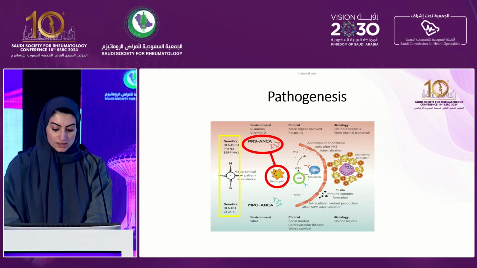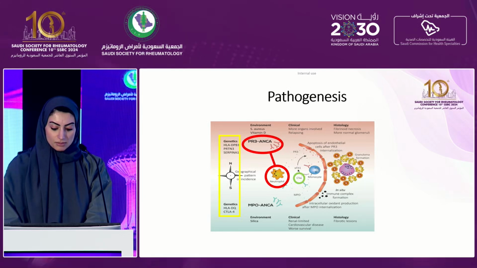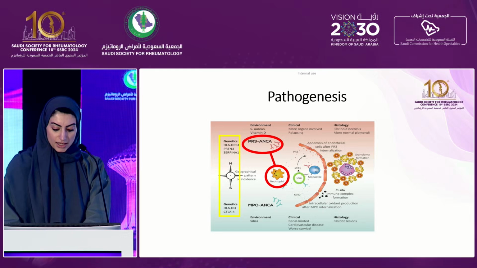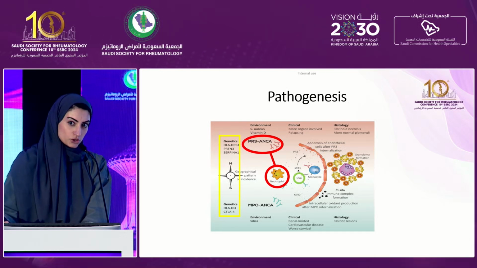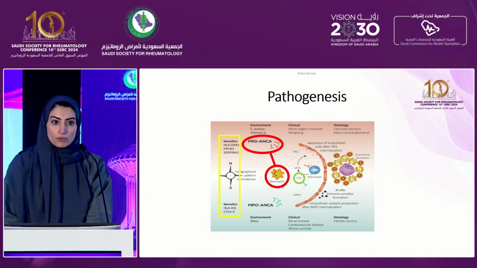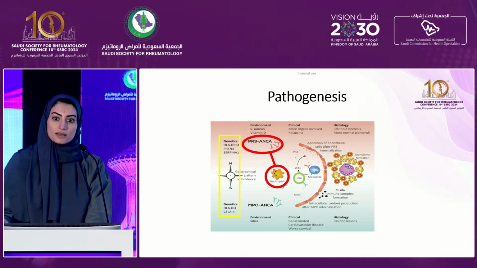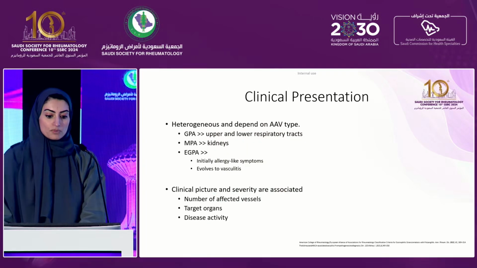Other immune cells, such as B and T cells, as well as the complement system and humoral factors, are also involved in the pathogenesis of ANCA-associated vasculitis, and that will lead to inflammation and increase in permeability of the vessel wall and hence tissue injury. Understanding the pathophysiology is very important to understand why we treat our patients with the medications that we have right now.